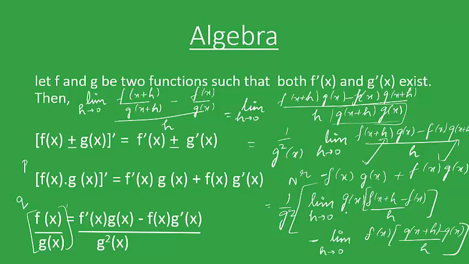Since this is a constant, we can take it out, and this particular remaining expression will be equal to f dash x. So we'll have g of x into f dash x minus f of x into g dash x. So this gives us the quotient rule.